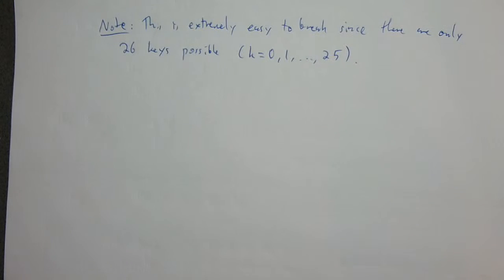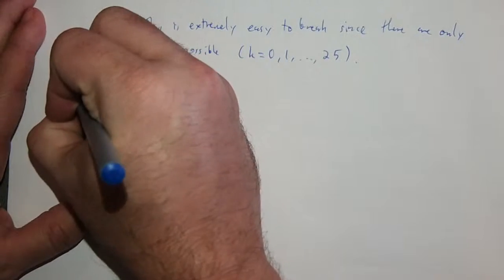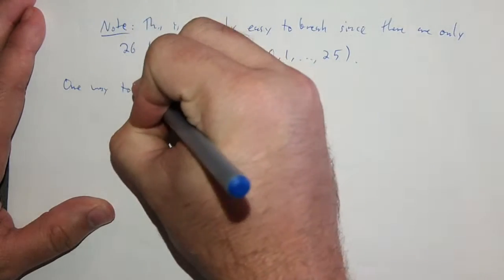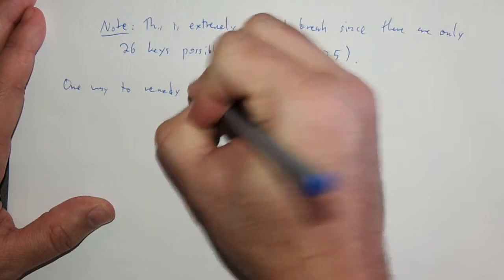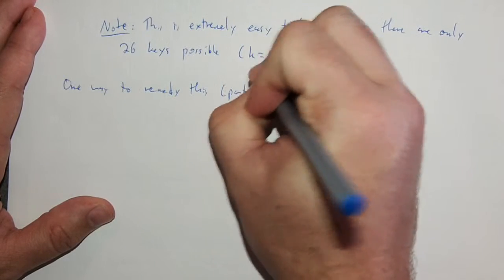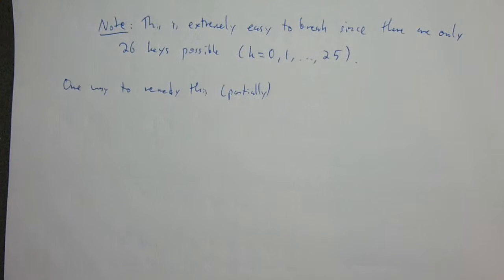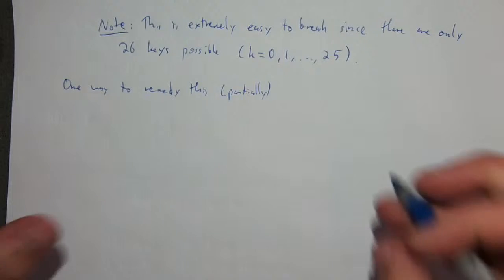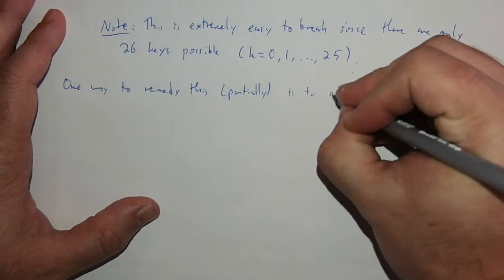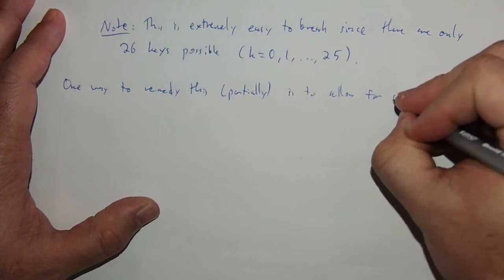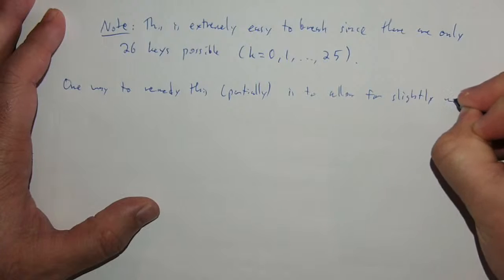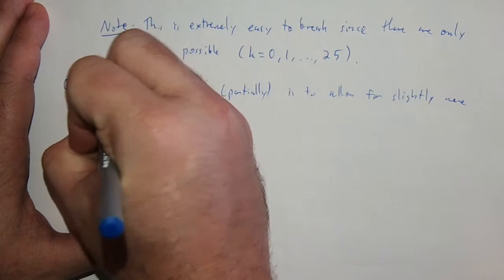encryption. Okay. So one way to remedy this partially, and I say partially because it only increases the amount of keys from 26 to a little bit over 300, and we'll see why in a second, is to allow for slightly more complicated transformations.